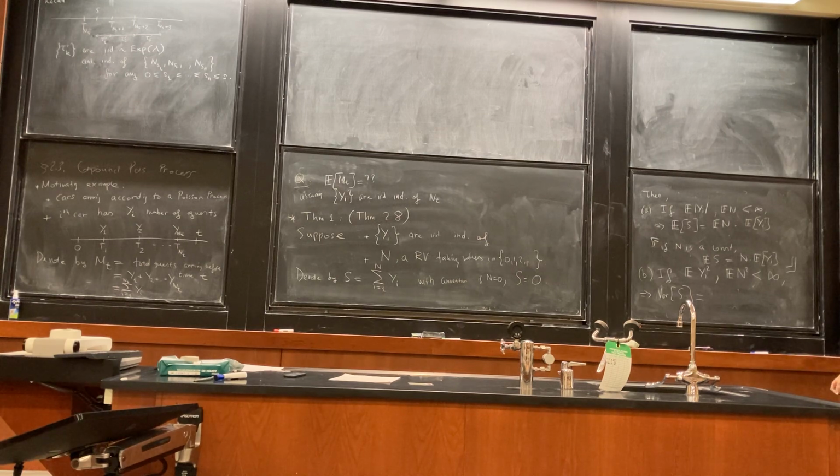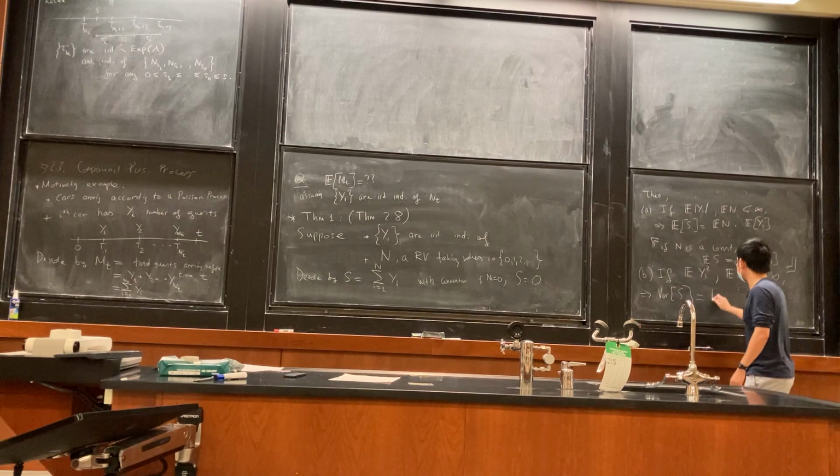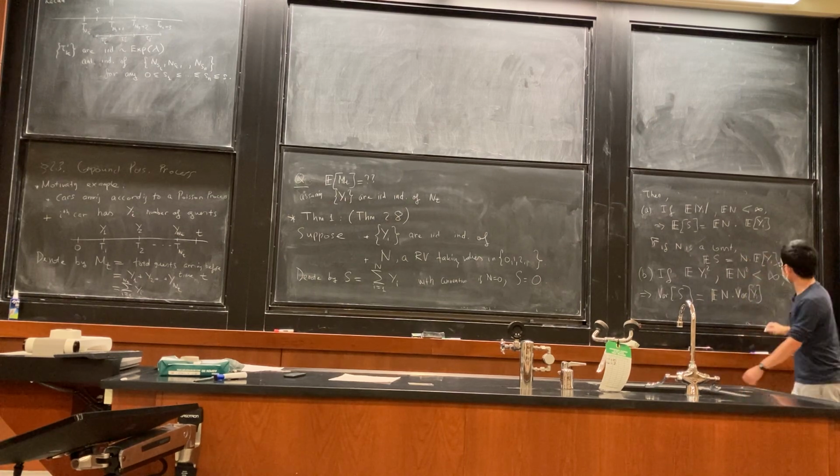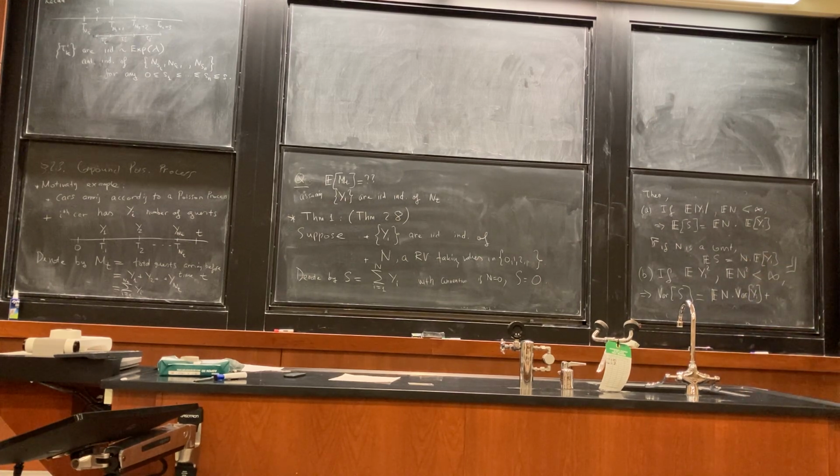You would have expected value of N times the variance of Y_i, plus the second piece, which is the variance of N multiplied by expected value of Y_i squared.